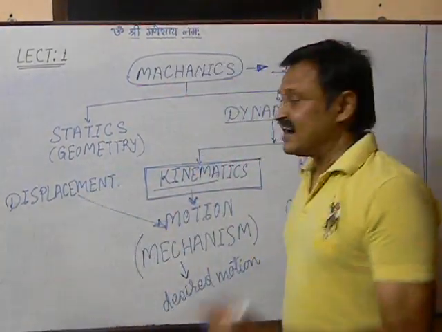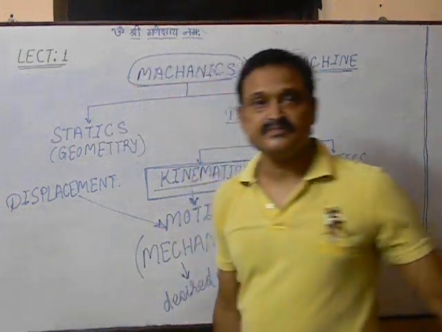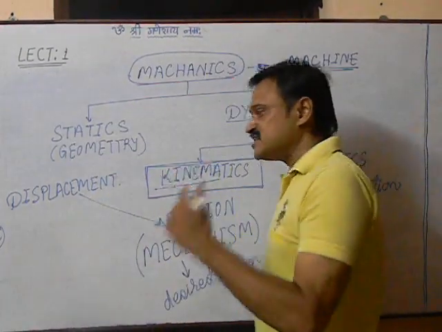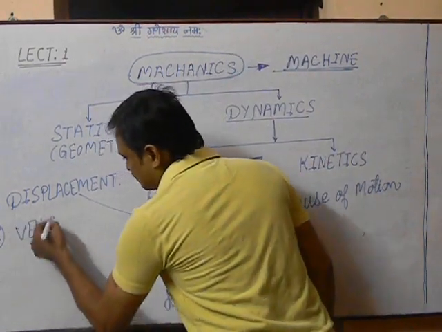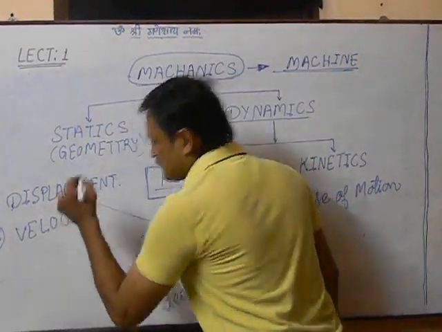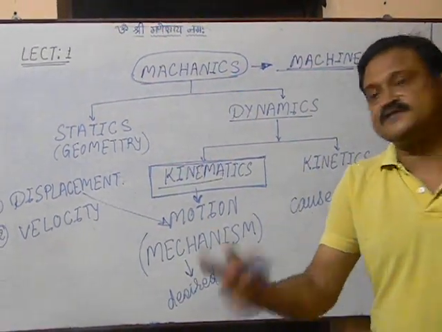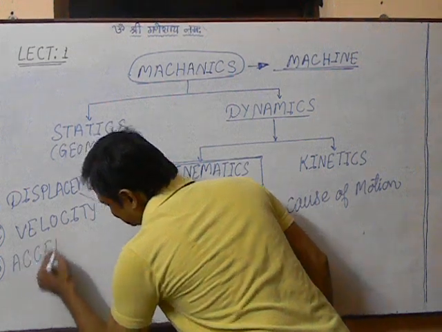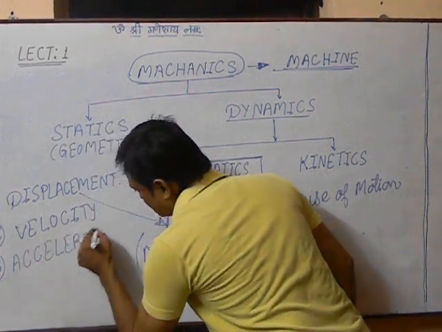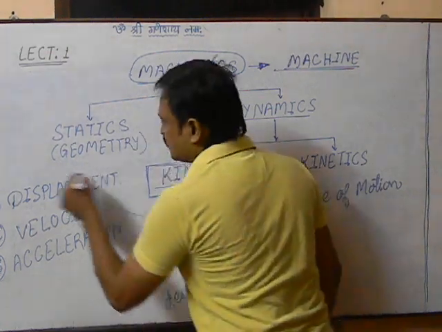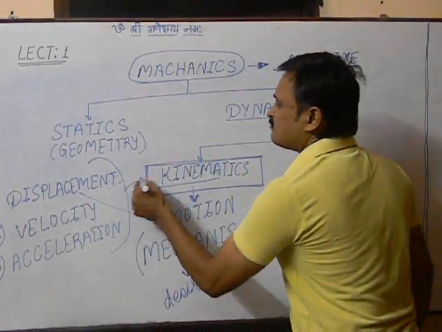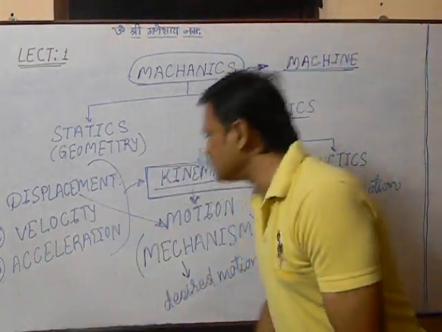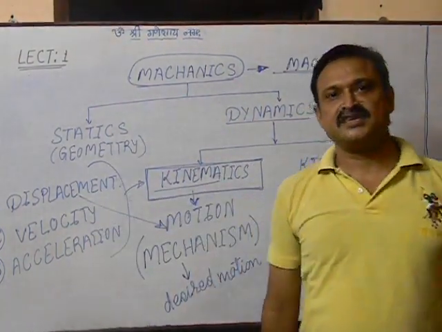Second, when there is displacement, there has to be a rate of change of displacement, so we are talking about velocity. And the rate of change of velocity, certainly, means we are talking about acceleration. So these three things will be involved in the study of kinematics. We are not involving the cause of the motion into the system.